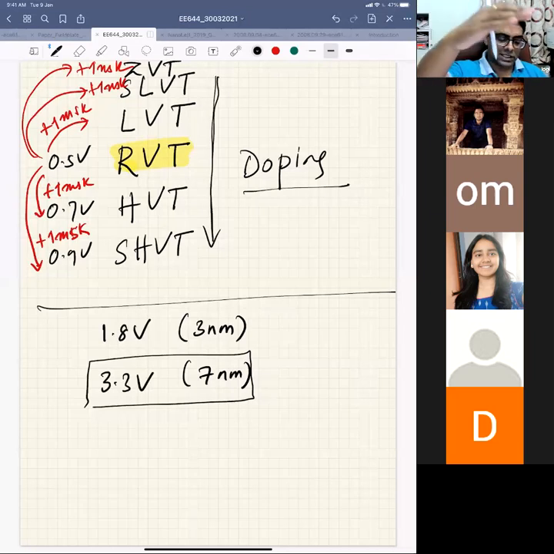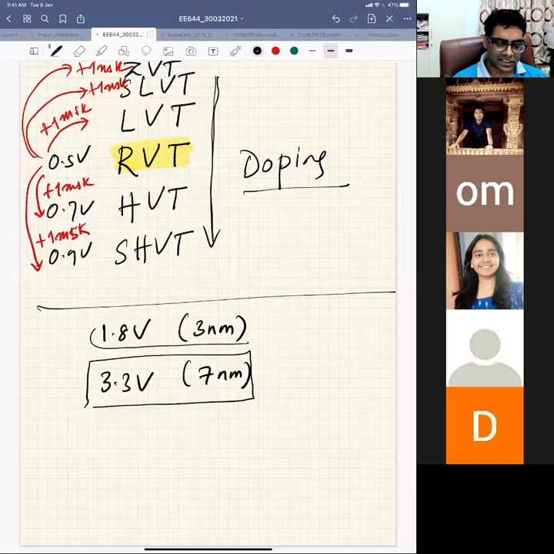That's the reason you use 3.3 volt transistors there, and the normal operational digital or analog transistors use 1.8 volt transistors. Since the oxide thickness is 7 nanometer in the 3.3 volt case, your threshold voltage will be higher, even if they have the same doping.